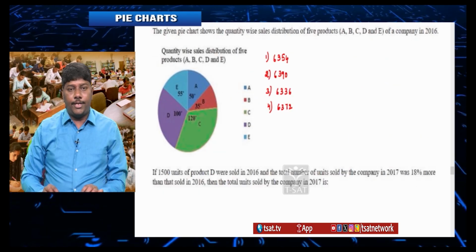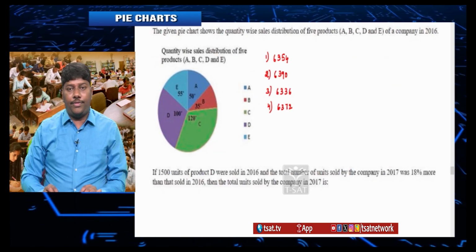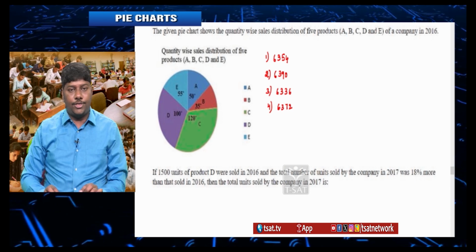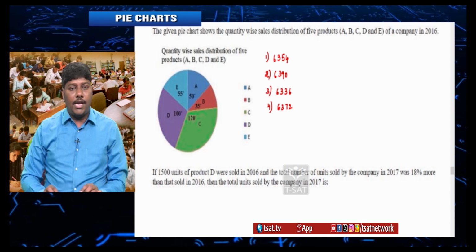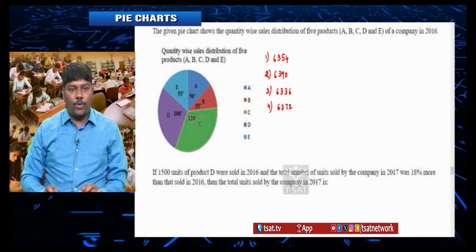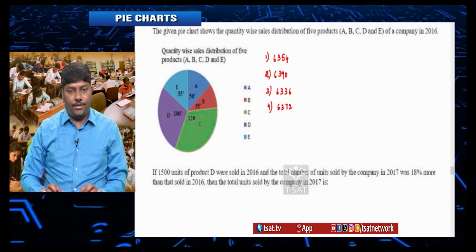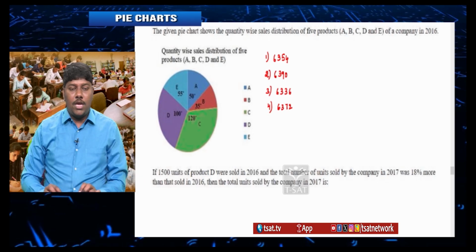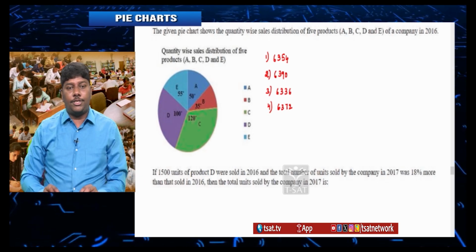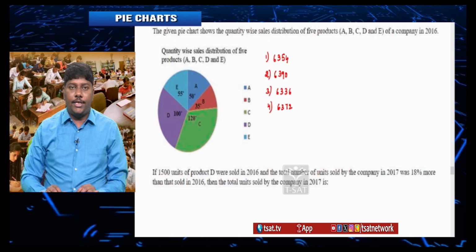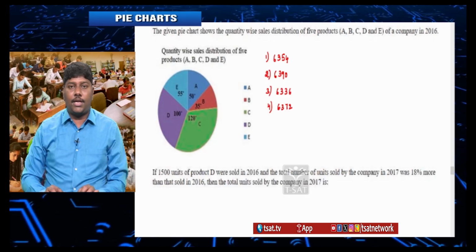The pie chart shows the quantity wise sales distribution of 5 products A, B, C, D, E of the company in 2016. Quantity wise sales distribution of 5 products given. A is 50 degrees, B is 35, C is 120, D is 100 degrees and E is 55 degrees, given in the graph. If 1500 units of product D was sold in 2016, actually D is 100 degrees.